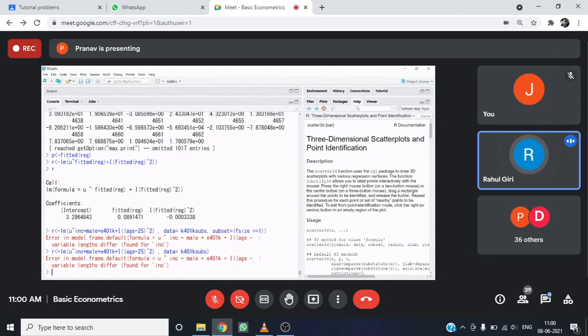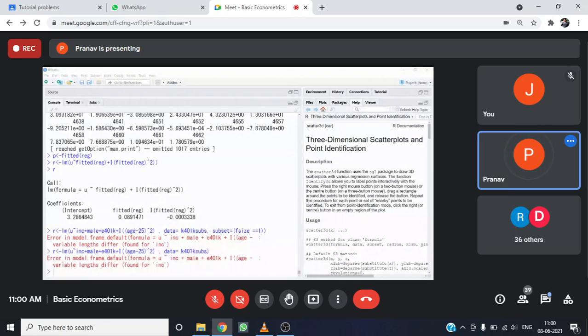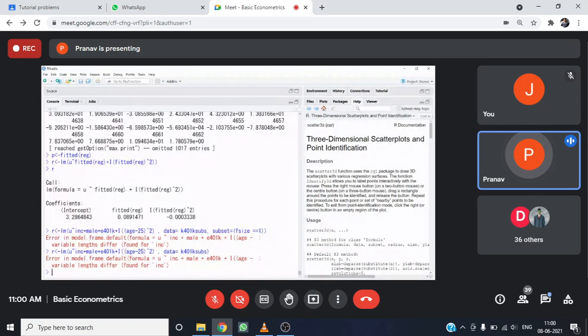No, sir, I'm getting the same error. Sir, after this command, I've run R and then I've again run the command. No, what I'm saying is that it says variable lengths differ. It means there's some problem.